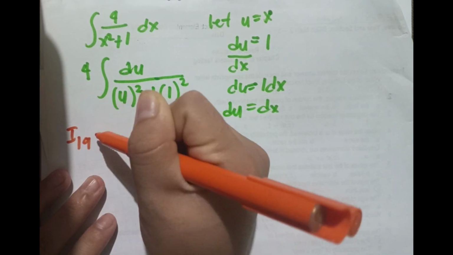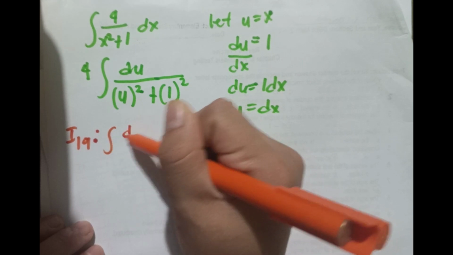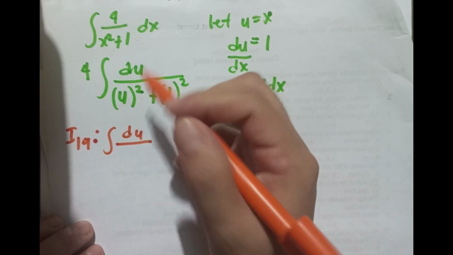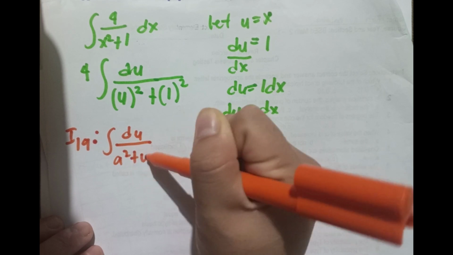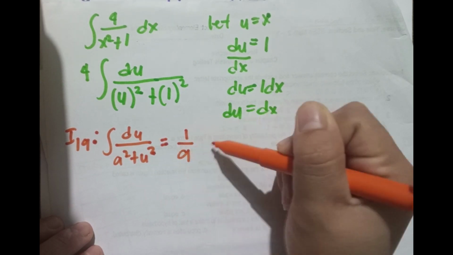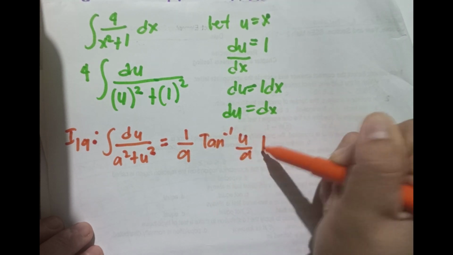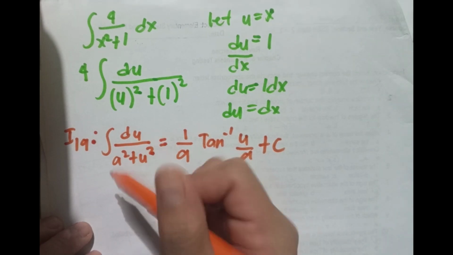Here, we need to use the integration formula number 19, which states that the integral of du over a squared plus u squared is equal to 1 over a times the inverse tangent of u over a plus c.